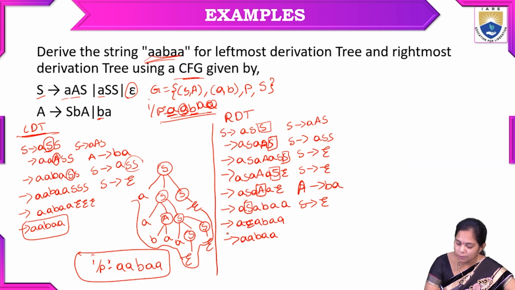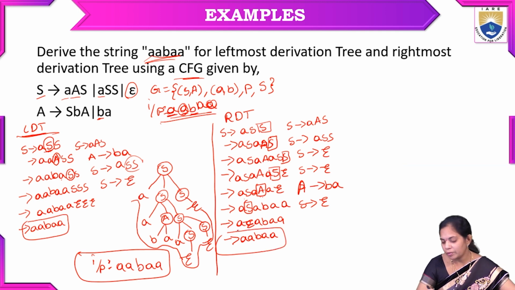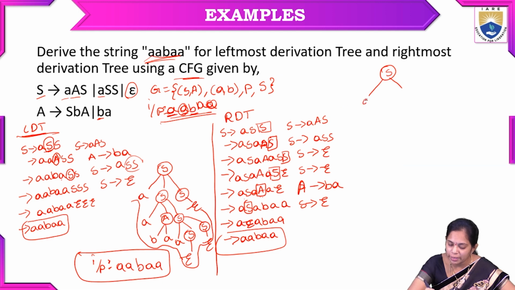So this is the input string, and we will construct the same thing with the derivation tree. The derivation tree starts with the S symbol, and we take the production rule S. Instead of this S, we write this, because in the rightmost derivation we have to take the rightmost non-terminal.